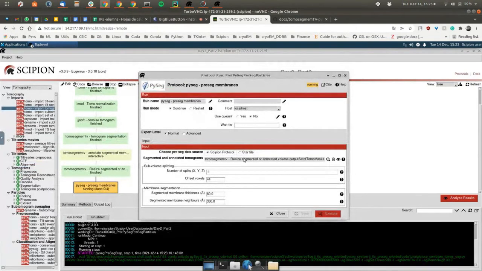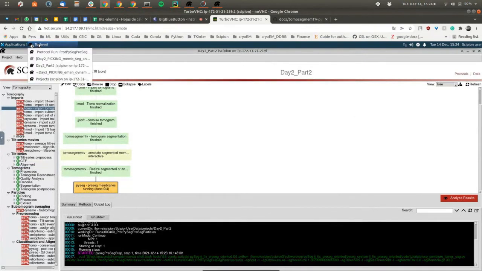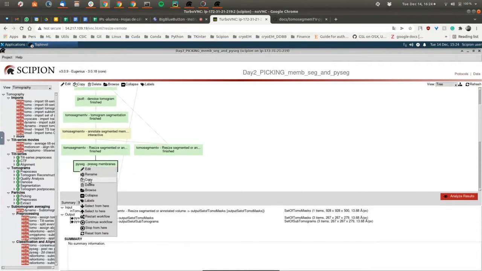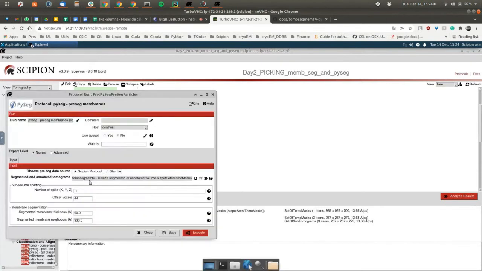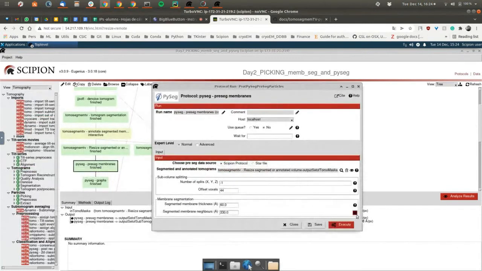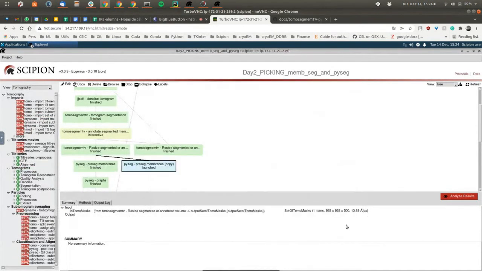Let me check the project membrane. This one. If you are copying this, it should be pointing correctly. You shouldn't need to do anything but executing. No, I didn't. So I just copied the annotate segment membrane and tried to go on from that point. Okay. Or maybe there's a problem here.